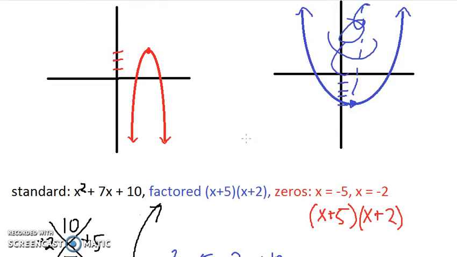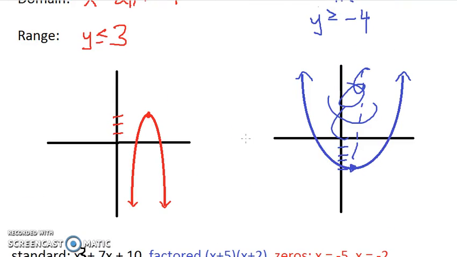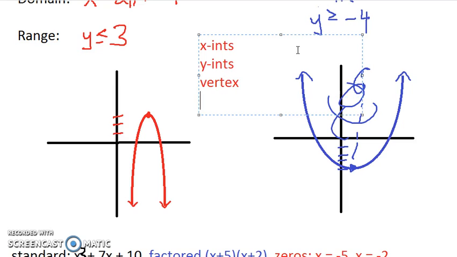Let's come back over to these graphs and talk about some of these properties. You have x-intercepts, you have y-intercepts, you have the vertex, which is the same thing as max and min.